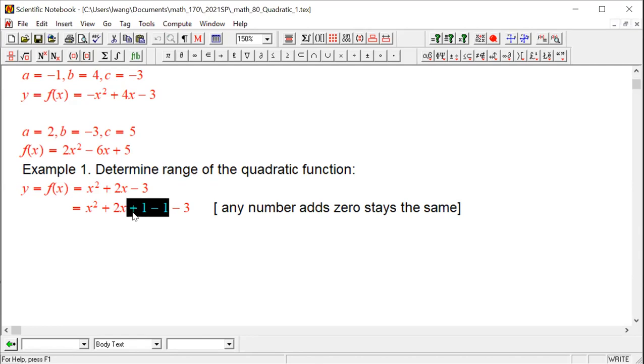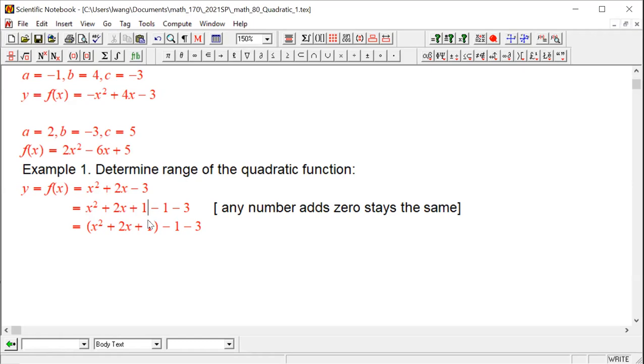Why did we add a 0? The 0 we have selected is 1 minus 1. Why 1? If you look at the following step, you will understand why it is chosen to be 1. Because when we have x squared plus 2x plus 1, these three terms make a perfect square. Subtracting 1 is to maintain the equality sign.